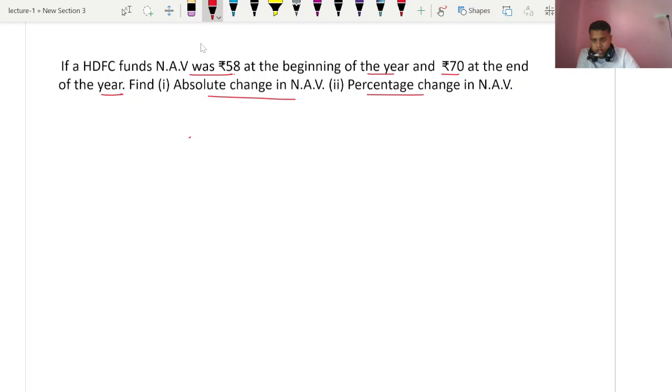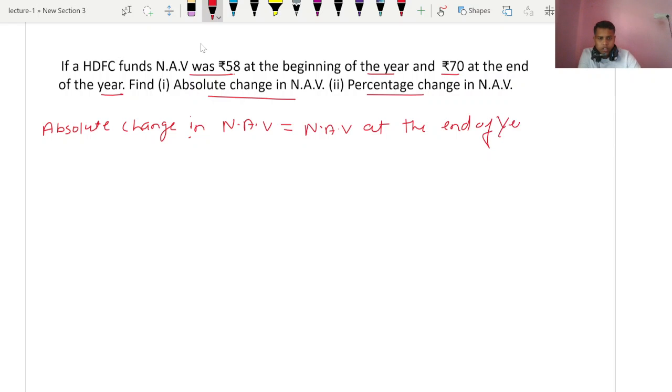So we have the formula: absolute change in net asset value is equal to net asset value at the end of year minus net asset value at beginning. Okay.